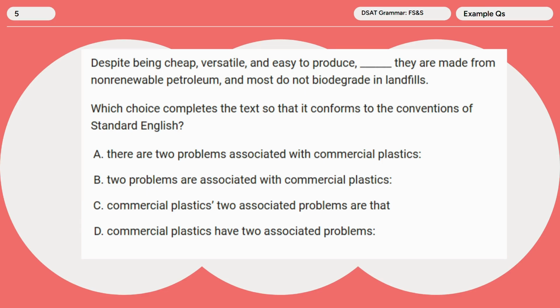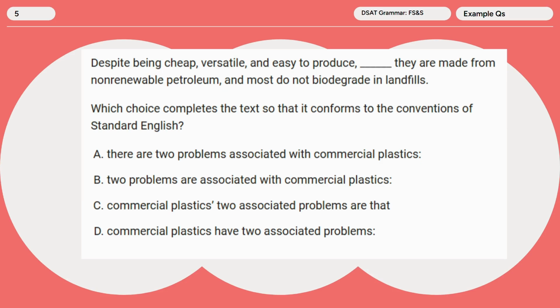And this one's a little bit sneakier, but you see that there is an apostrophe after the S in plastics. So commercial plastics is actually acting as an adjective to the two associated problems. So again, the subject that the modifier would be modifying in C would be the two associated problems.